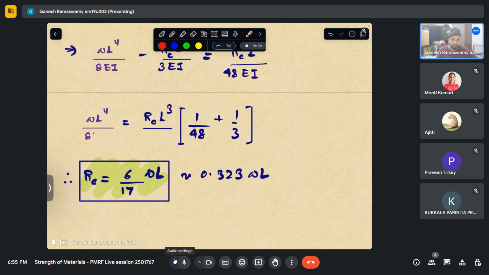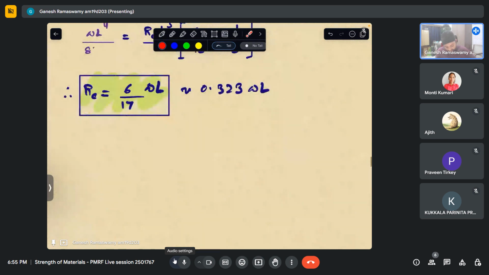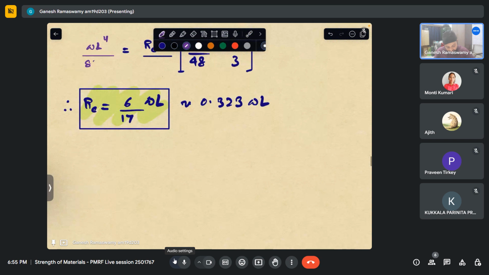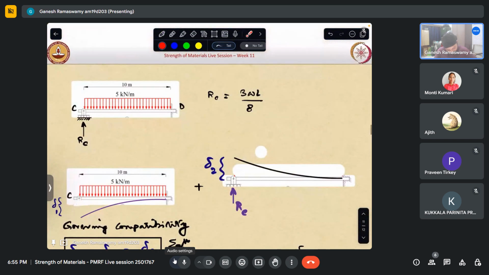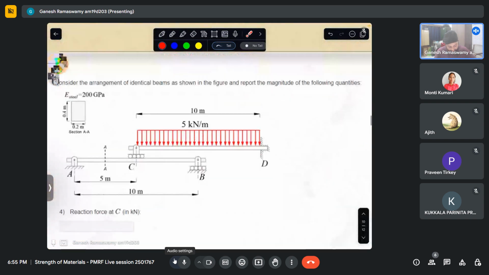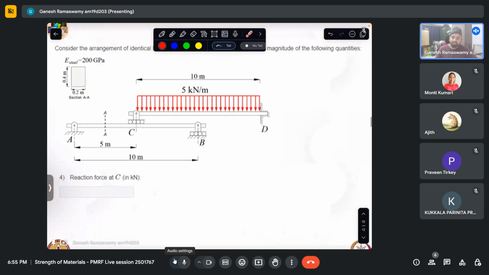All right, so let us plug in the values. And mind you, this W, as we have seen in the question, pertains to this value, which is 5 kilonewton per meter. And since both the beams are equal, I did not bother to differentiate between this L and this L. But obviously, if we were to deal with a problem where these two are different, one must take care that for delta 1 and delta 2, we should be using this L. And for delta 3, since we are dealing with the deflection of this beam, this L is what is supposed to be used.